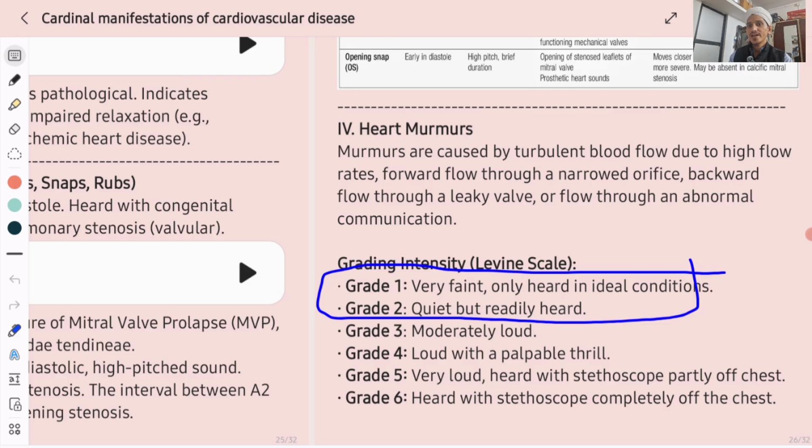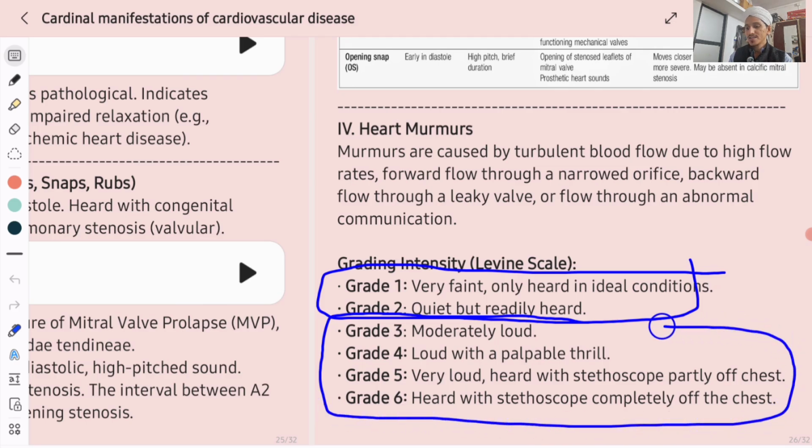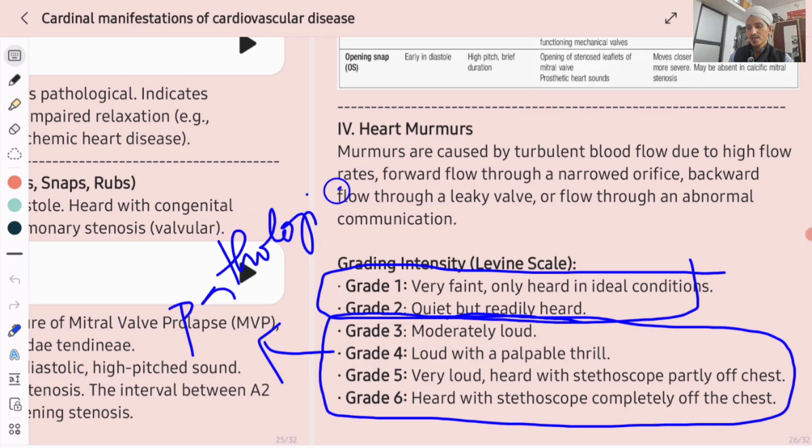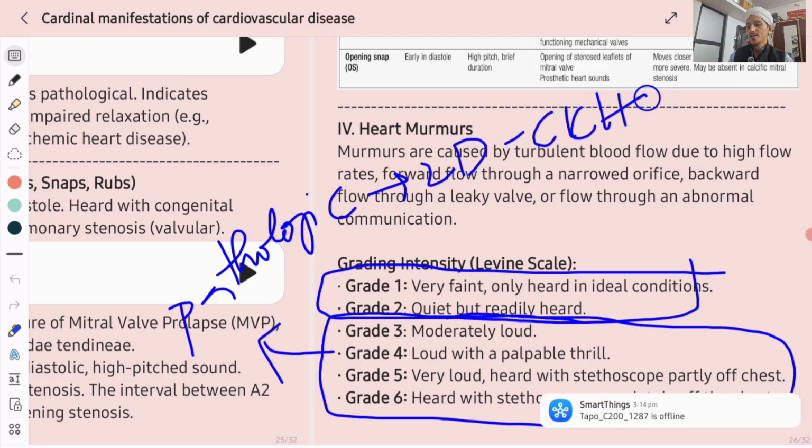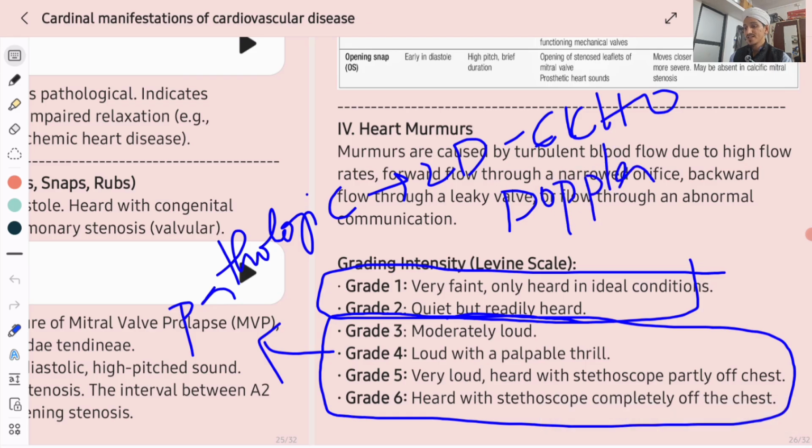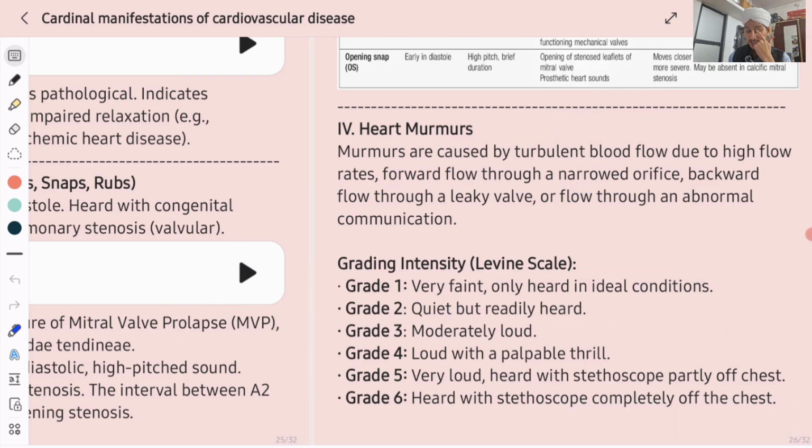Then those grade 2 murmurs are considered benign or innocent murmurs. All murmurs of grade 3 to 6 are considered pathologic, and 2D echo is done for those, and if required Doppler also. This is grading of the murmur.